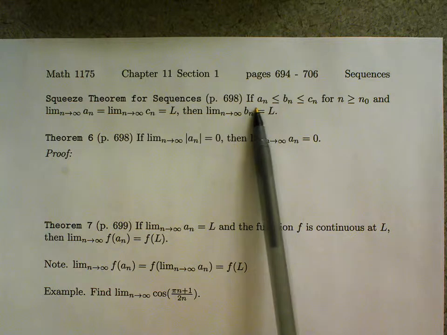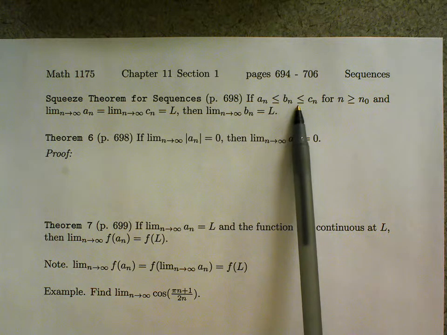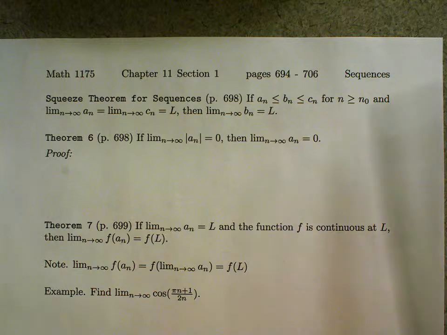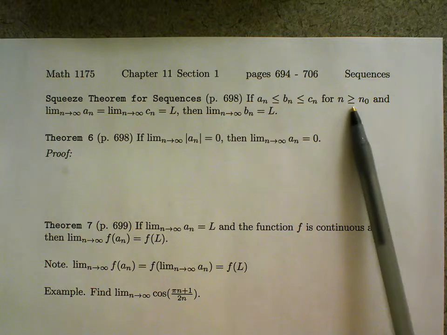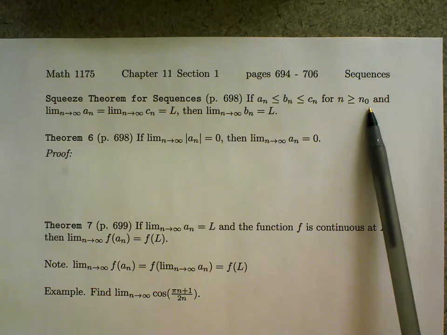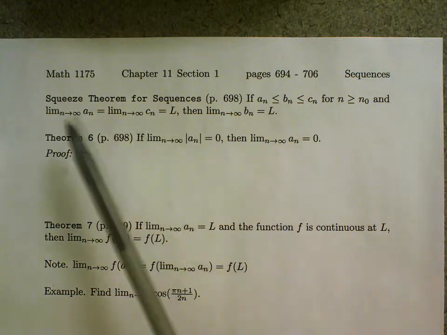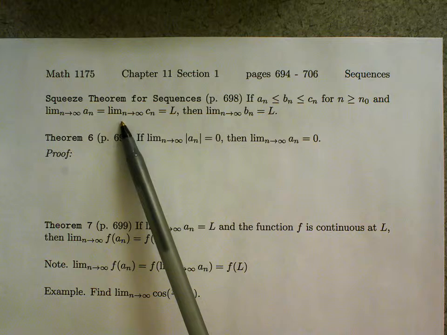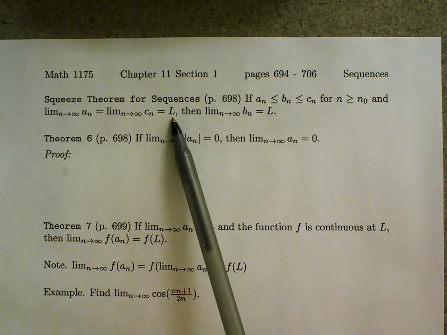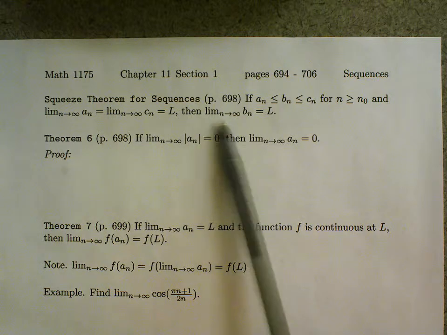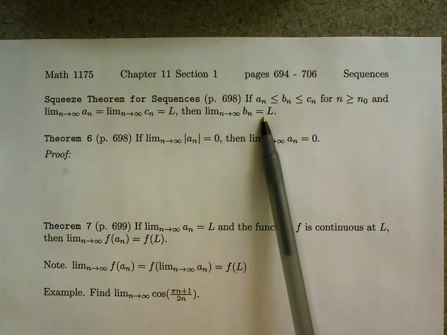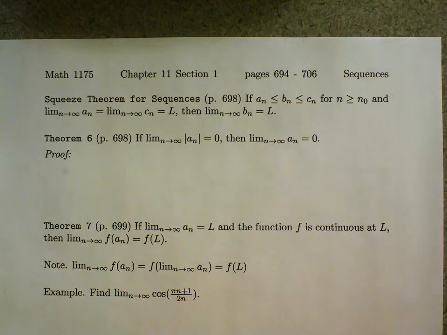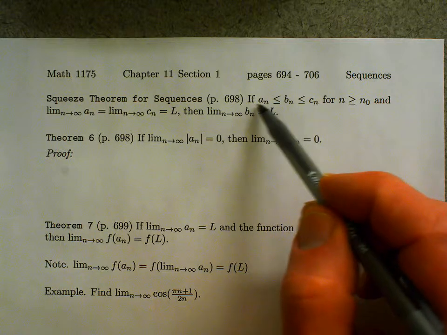If a sub n is less than or equal to b sub n, which is less than or equal to c sub n, for all n greater than or equal to some integer n sub 0, and if the limit of a sub n as n approaches infinity equals the limit of c sub n as n approaches infinity, if both of those limits are equal to L, then the limit of the b sub n sequence as n approaches infinity is also equal to L. Okay, so that seems to make sense.